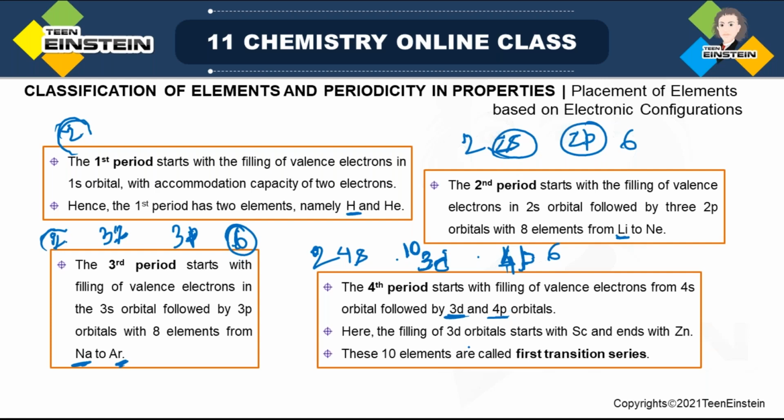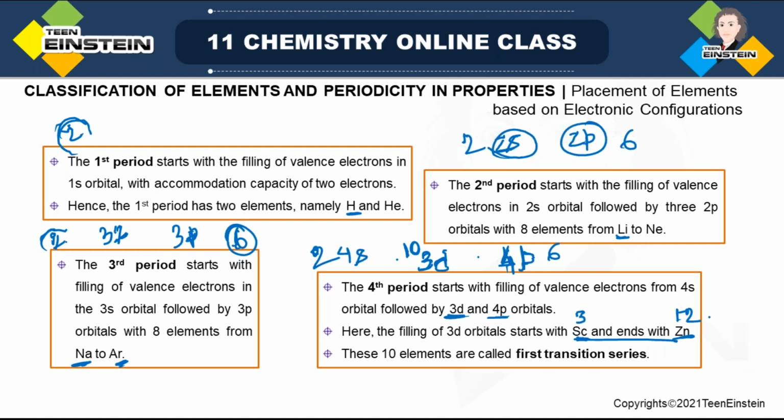I'm now focusing on 3d. If you consider 4s, the first element is actually potassium and then calcium, but if you consider 3d, it starts from scandium, and that is actually group 3. It ends at zinc. So this part is only the D block part, and here it is group 12. Then after 12, which group starts?